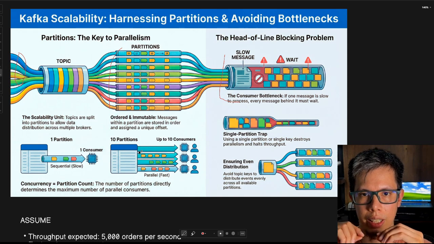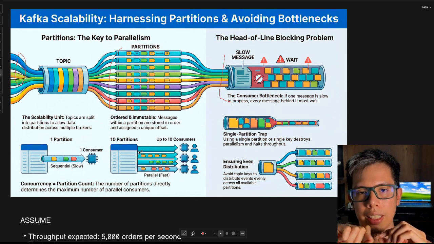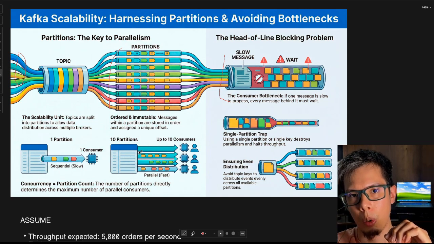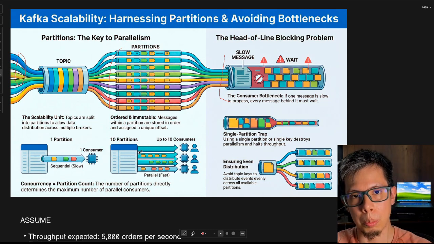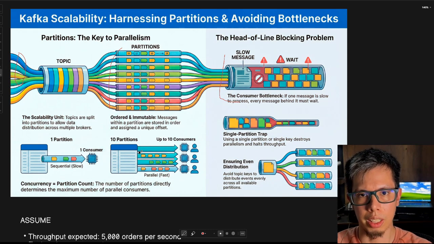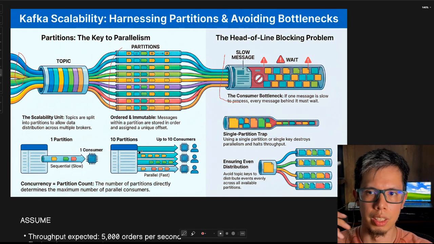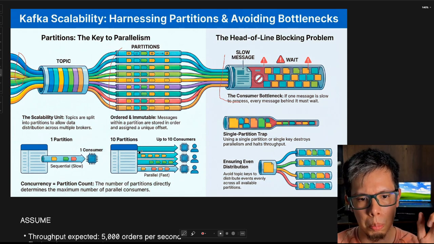Because it has an offset that has to be processed in order. So at the moment that the consumer has already processed a single topic, it will continue with the next one. So if the number of consumers is greater than the number of partitions, there will be consumers that are idle because they're not working, right? So that is important to note.